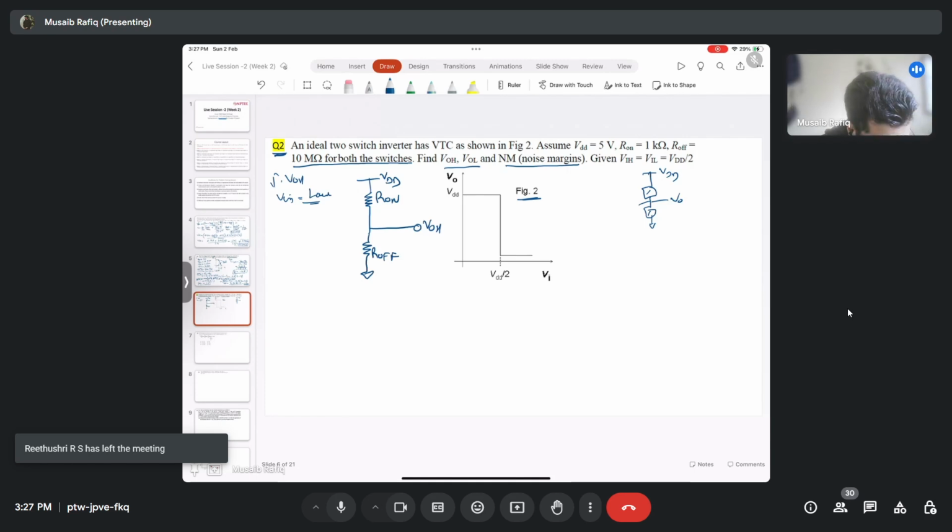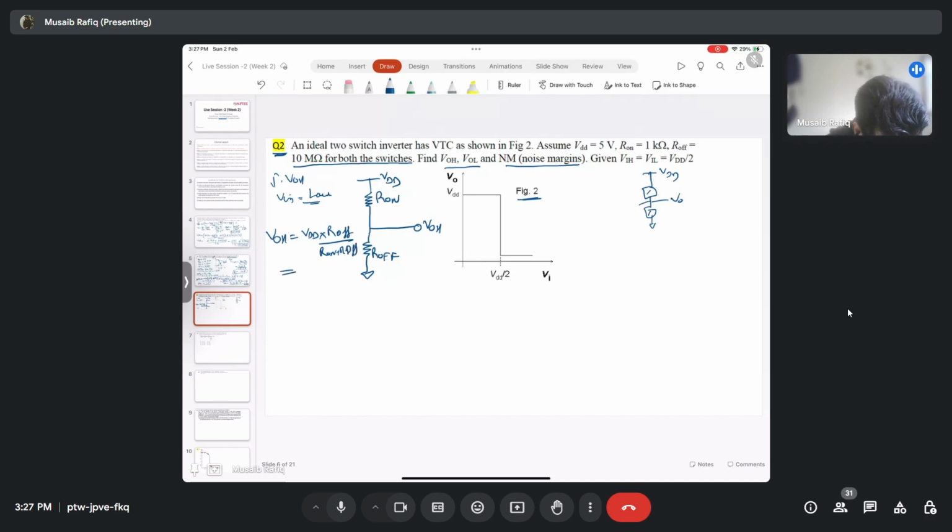So with a resistor divider, I'll have VOH equal to VDD times R off by R on plus R off, basically the voltage divider between these two.